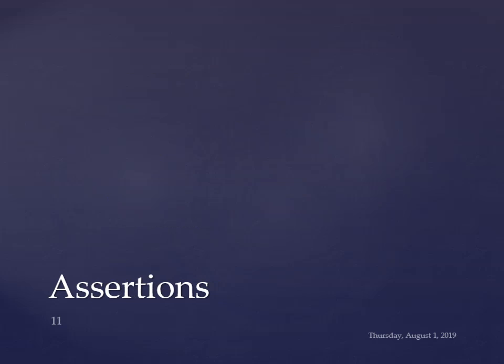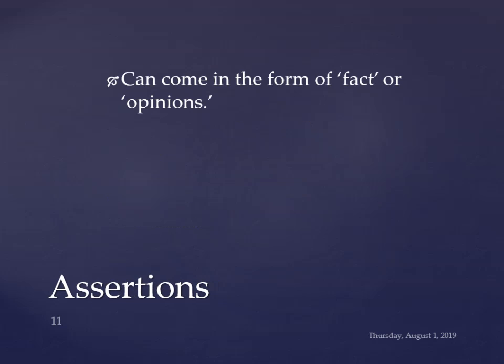Assertions can come in the form of facts or opinions. If you went through your Common Core American education, you learned about this distinction that facts are provable and opinions are not. We ignore that distinction completely in this class.